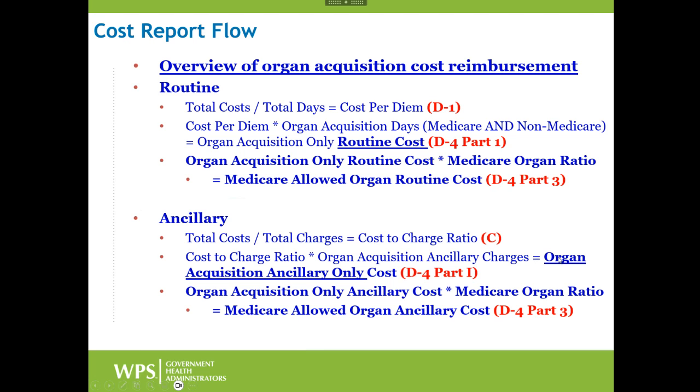And that gives us organ acquisition ancillary only cost. Then we take that organ acquisition ancillary only cost and multiply it again by the Medicare organ ratio to get Medicare allowed organ ancillary cost on D-4 Part 3. So it's just a difference in what's multiplied by the apportionment factor, the cost per diem, the cost to charge ratio.